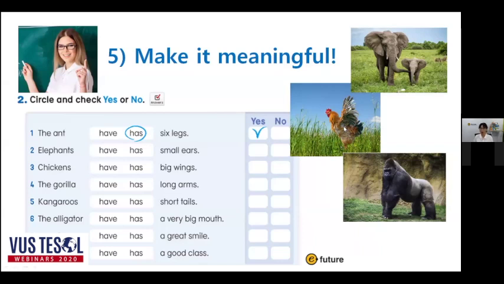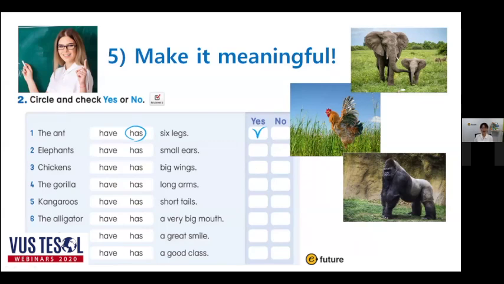If they open the wings, I think they're quite big. So you check yes. Okay, just by adding yes or no to the end of this activity, students will have to read the whole sentence and then they'll have to think about the meaning, right? And then they can complete this activity.